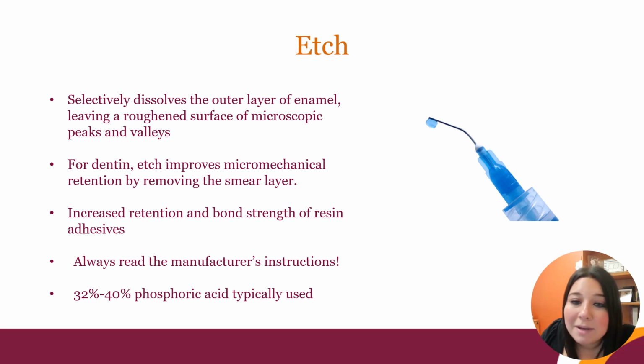Always read the manufacturer's instructions when using etch, because different companies may have different recommended time frames or methods that you use to etch the teeth. Typically a 32% to 40% phosphoric acid is what's used. I know in my previous offices we always used 37% phosphoric acid.